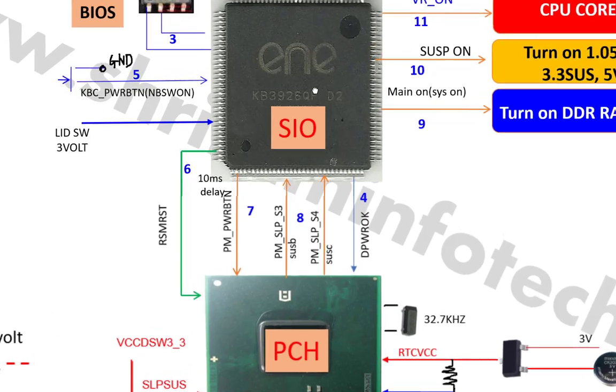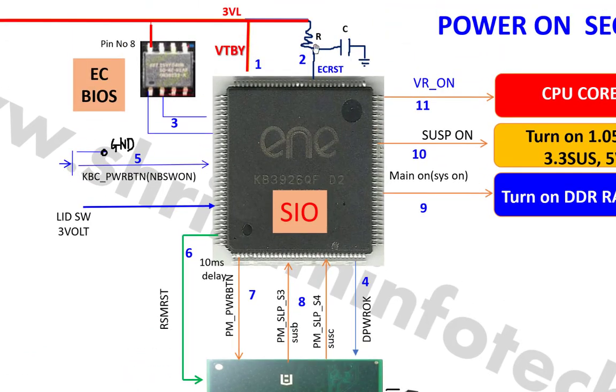For that, here is an RC circuit. R means the resistor, C means the capacitor, connected in series. The 3 volt is given to this resistor, and charging this capacitor requires some delay.